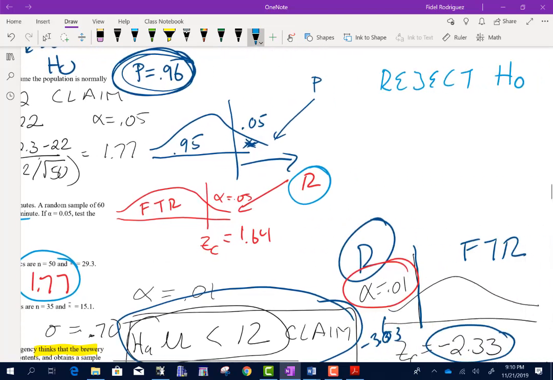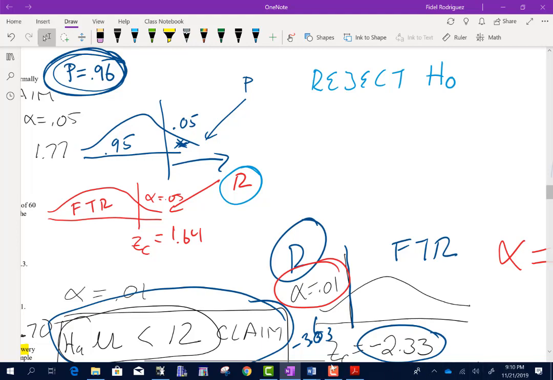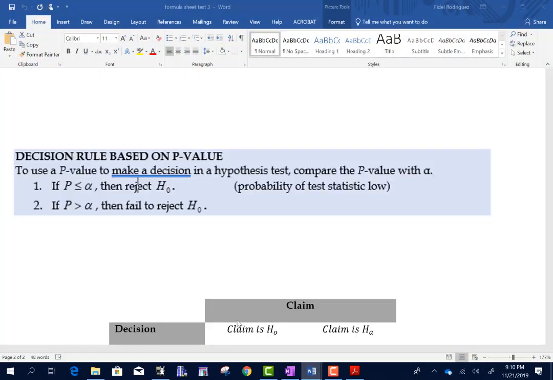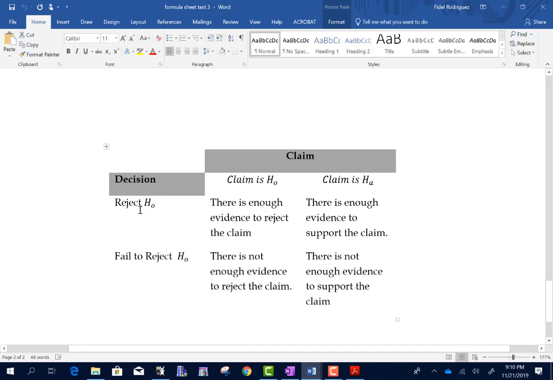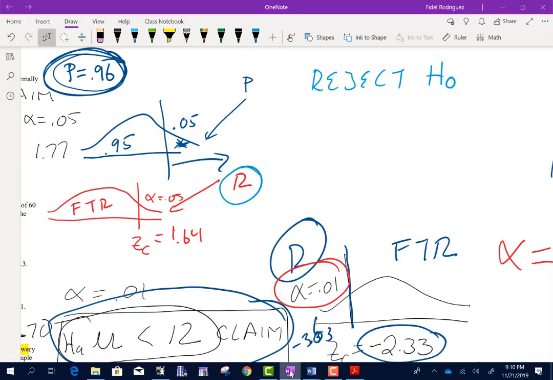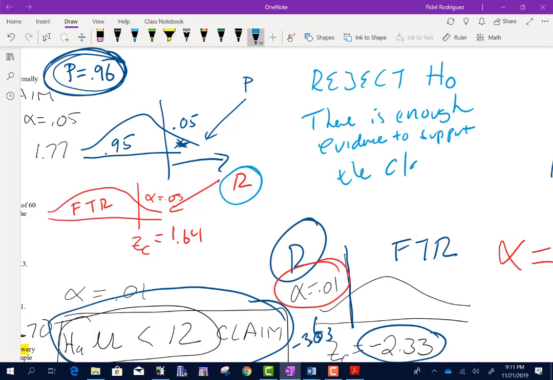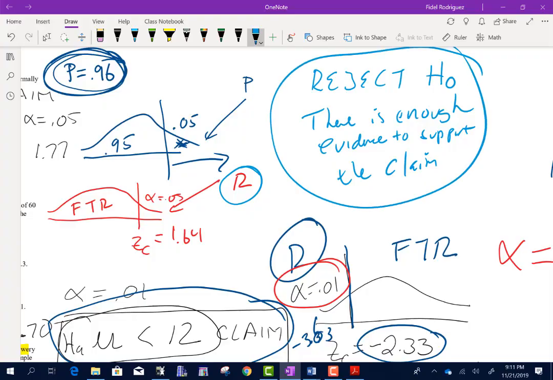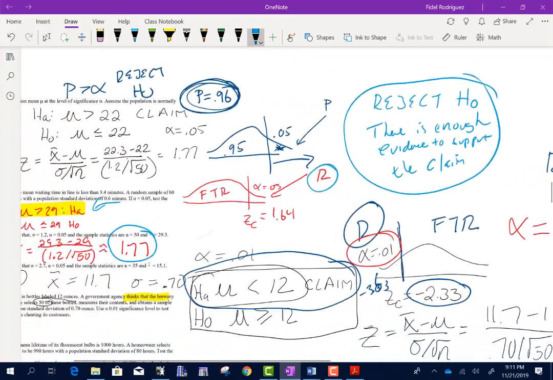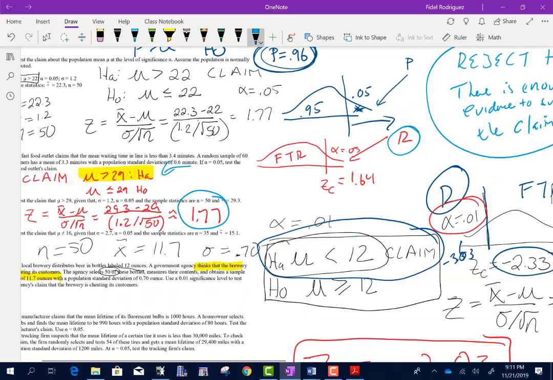Yeah, the claim was our HA, right? And because we rejected the null and our claim was our HA, we're going to say there's enough evidence to support the claim. And again, guys, that was for number 35.